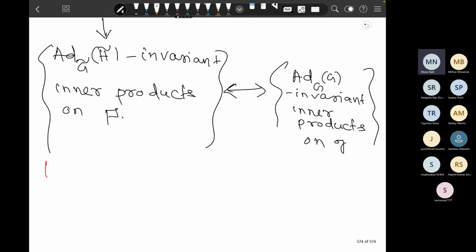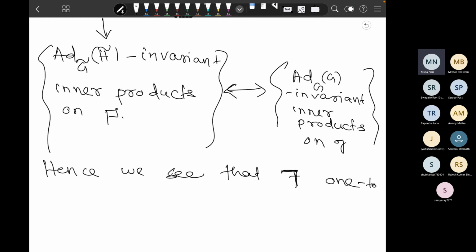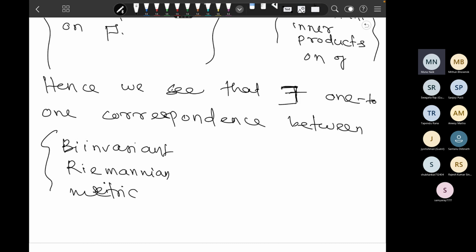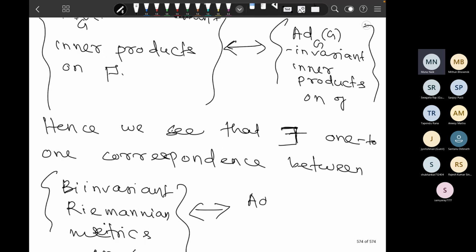Hence we see that there exists a one-to-one correspondence between this bi-invariant Riemannian matrix on G and this RG invariant inner product.